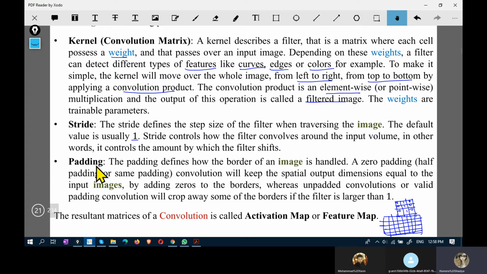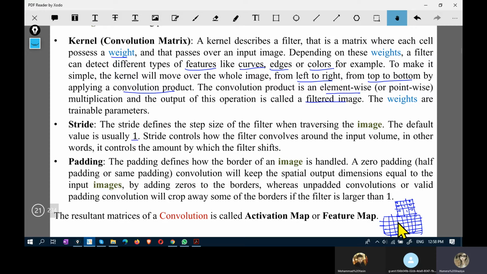Padding is also a parameter. This padding will determine whether the output of the convolution operation is identical in size to the original input, or is it a reduced version of the original input. Generally, if there is no padding, then it will be a reduced version.